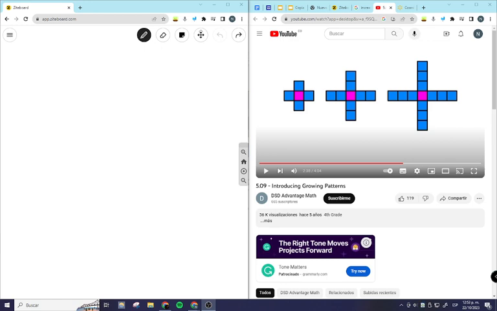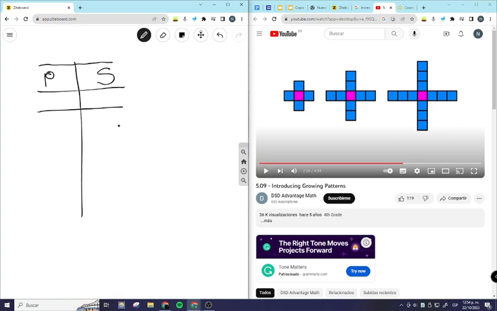Okay, so let's actually represent this information in the way of a table. Let's define position as P, and let's say that I want to represent the amount of squares with the letter S. I am going to create a chart representing for each position how many squares we have.